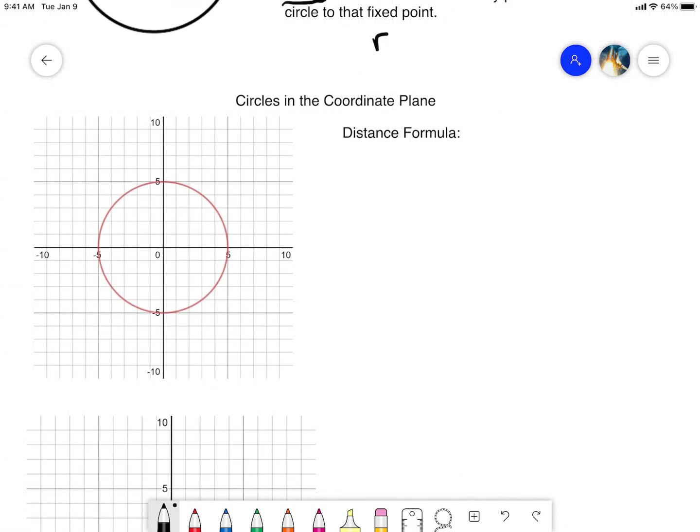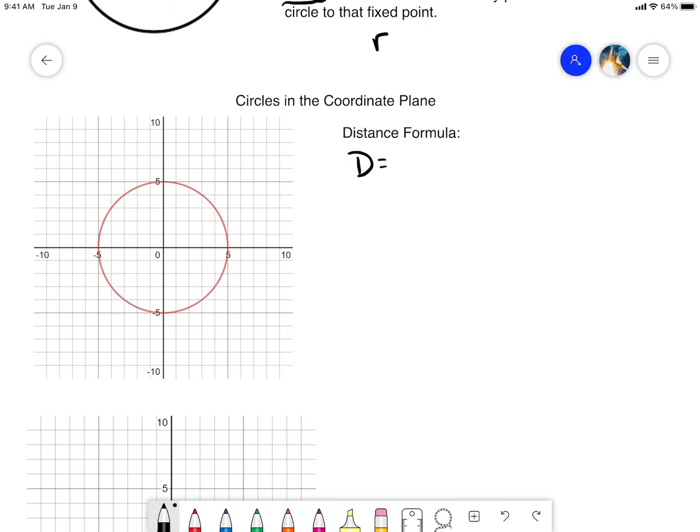One of the things that we're going to need, since we talked about distance, is the distance formula. So who can tell me what the distance formula is? Oh, come on now. Someone's got to be reminding me. Anyone? Ben?